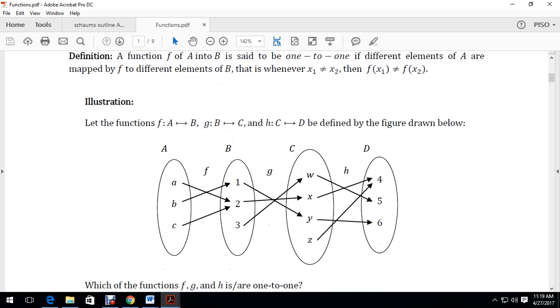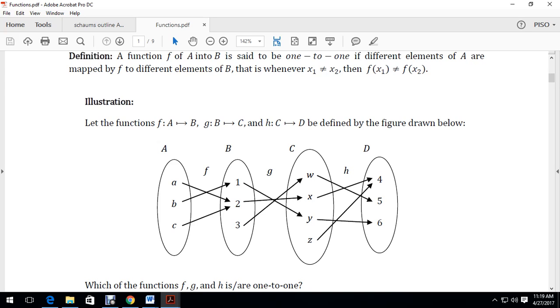So that means if you have an arrow directed from one unique element in A, it should be pointing towards one unique element in the second set, such as set B. Now try to notice the mapping between A and B.